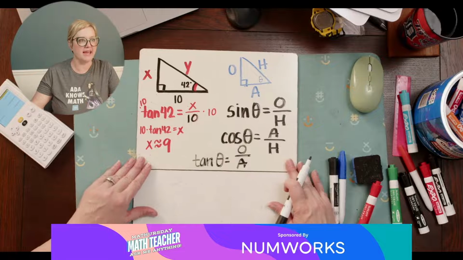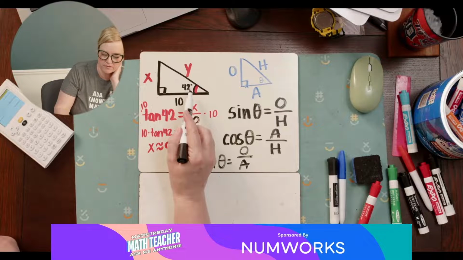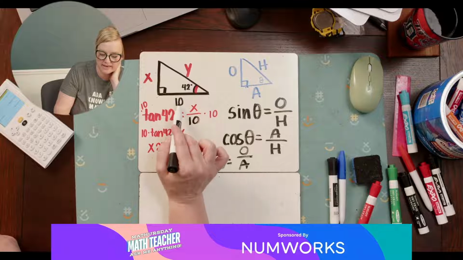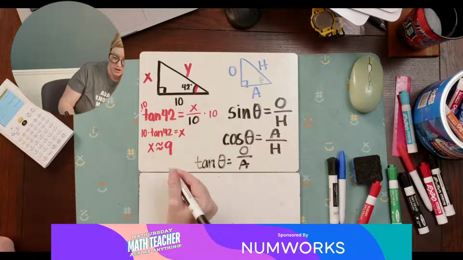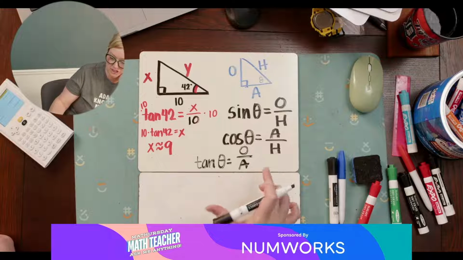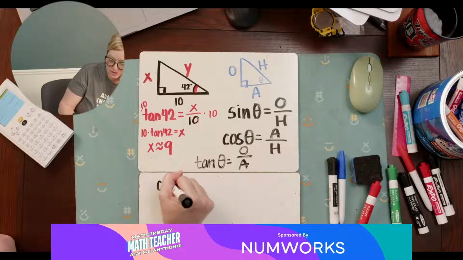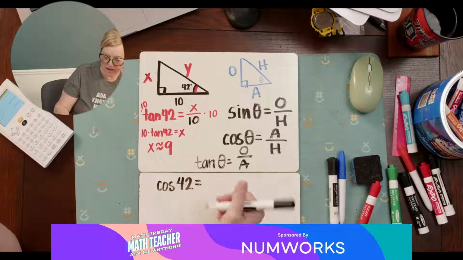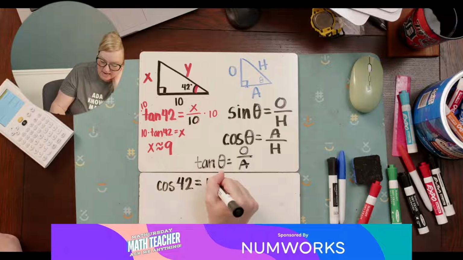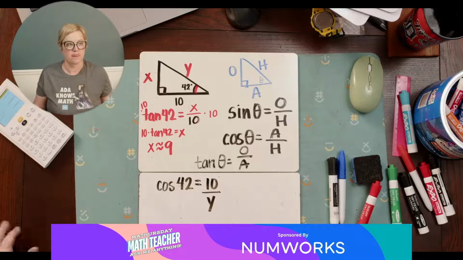So if I'm trying to find y, 10 is still my adjacent, y is my hypotenuse. So I've got my adjacent and my hypotenuse, which would be cosine. So cosine of 42 equals my adjacent, which is 10, over my hypotenuse, which is y.